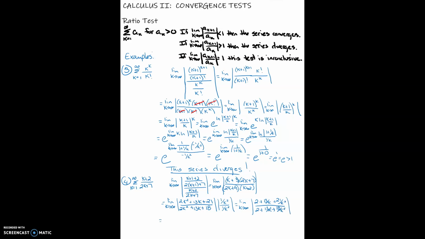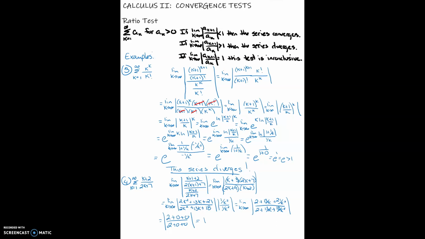All right, we can take the limit of this. As k gets really large, 13 over k goes to 0, 21 over k squared goes to 0, 18 over k squared also goes to 0. Lots of zeros in there. So we end up with 2 plus 0 plus 0 over 2 plus 0 plus 0, which is just 1.